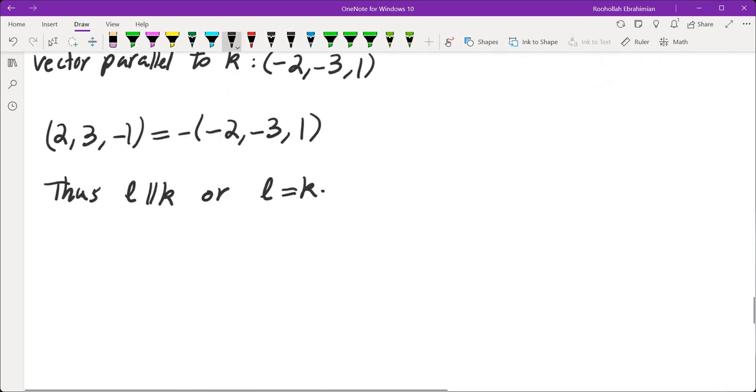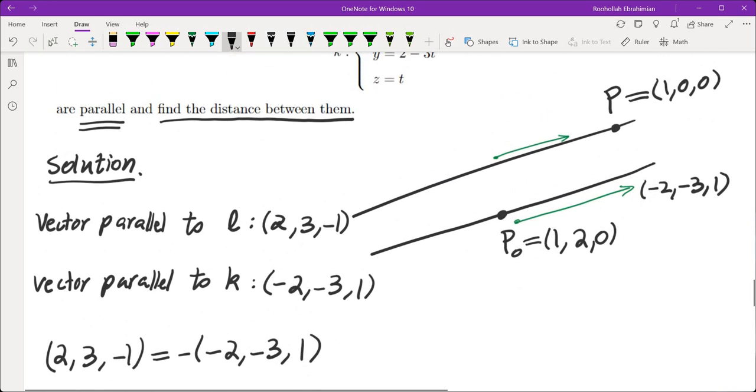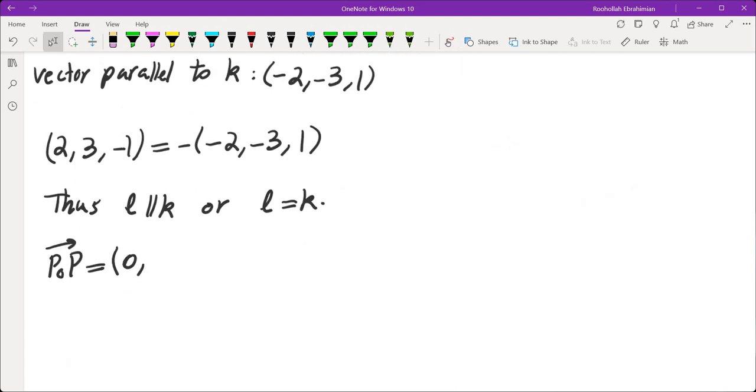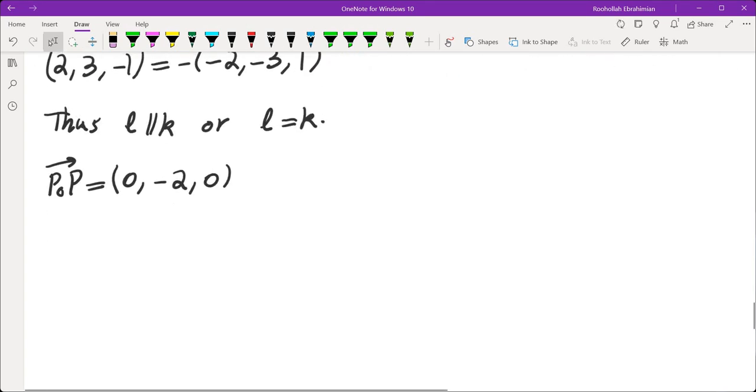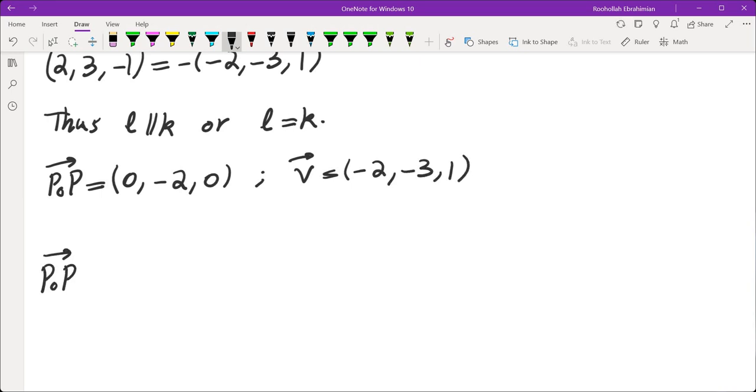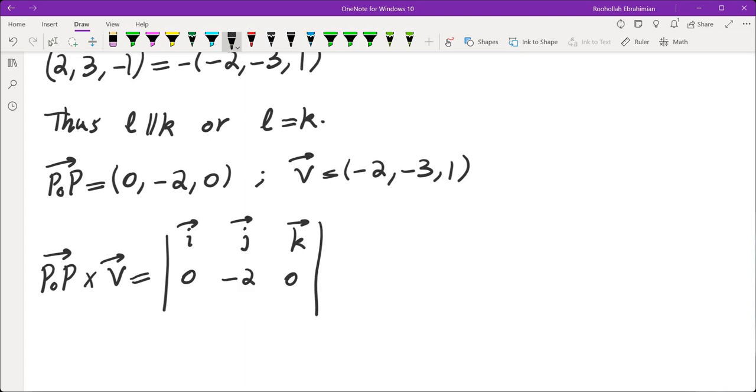So we're going to evaluate P0P. We'll have to subtract P0 from P, so terminal minus initial, that would be 0, -2, and I believe 0. And the vector is -2, -3, 1. So we're going to evaluate the distance between these two by finding the cross product, which is i, j, k, 0, -2, 0, -2, -3, 1.